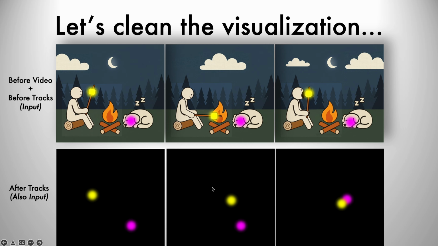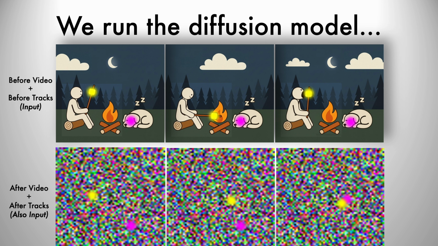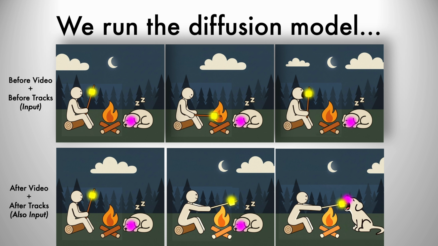This is what the input to our video model looks like combined with this. So after running our model with diffusion, conditioned on these channels, eventually we'll create a video that looks like this, where the guy holds the marshmallow up and it doesn't get roasted and the dog eats it.